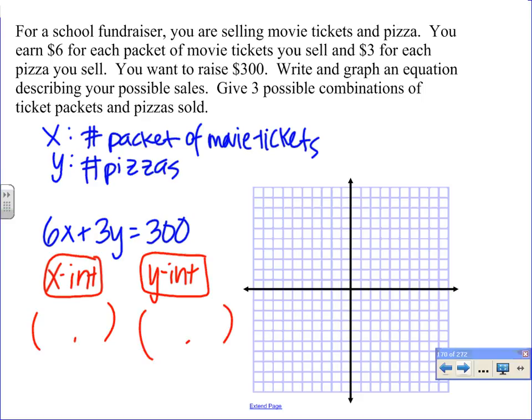Let's see. X-intercept is 50, 0, and y-intercept is 0, 100. So my x-intercept is 50, 0. My y-intercept is 0, 100.